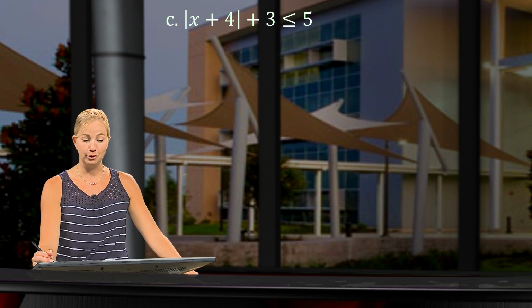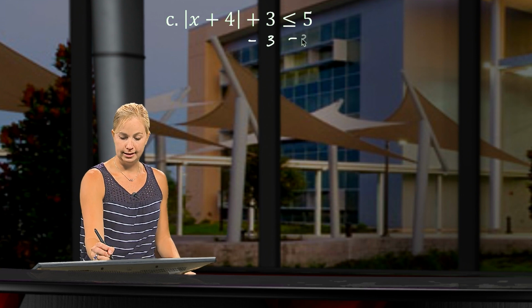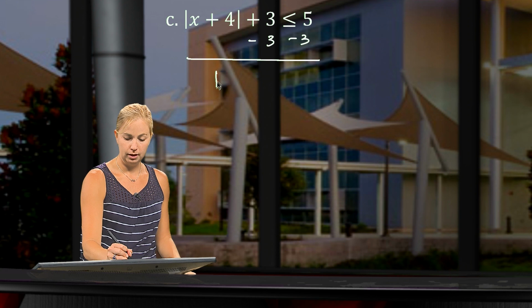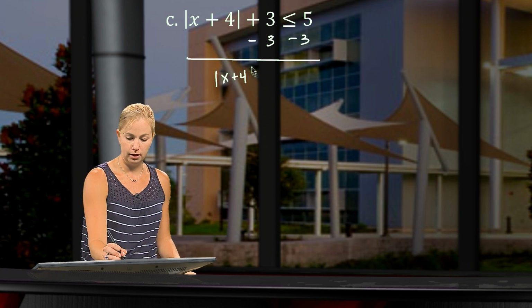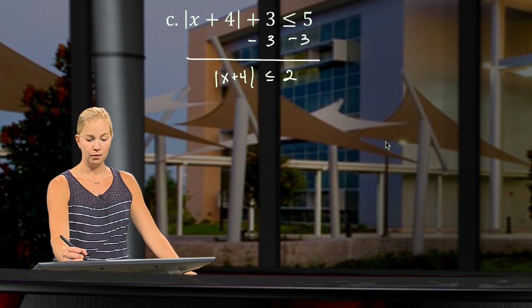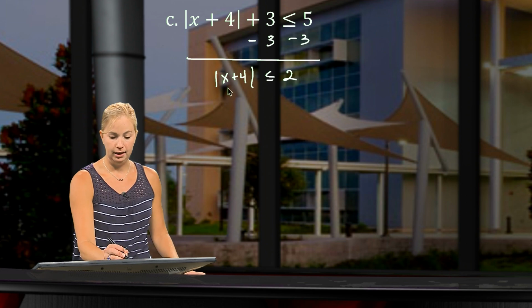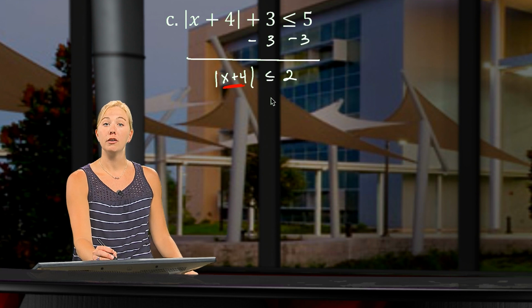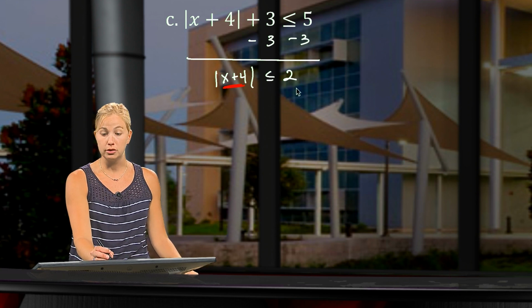The absolute value of x plus 4, plus 3, is less than or equal to 5. Isolating the absolute value, the absolute value of x plus 4 is less than or equal to 2. This is saying that x plus 4 is fewer than or equal to 2 units from 0.